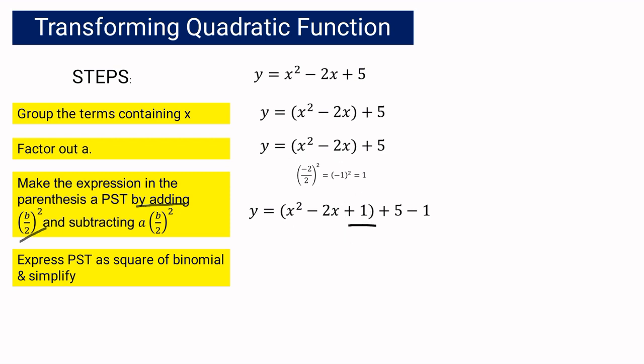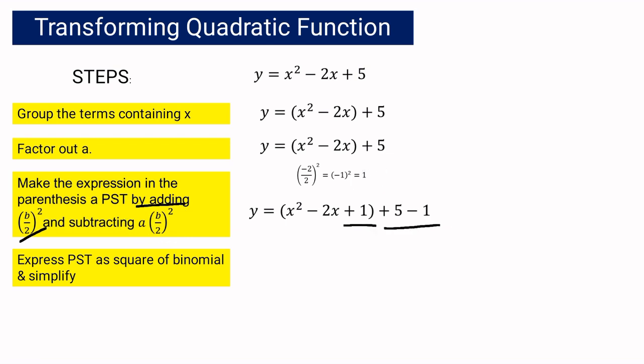And then whatever is added here should be subtracted there, in terms of the value of a. Since b over 2 squared is 1, if you multiply it by a, which is also 1, that's why we subtract 1 from 5.